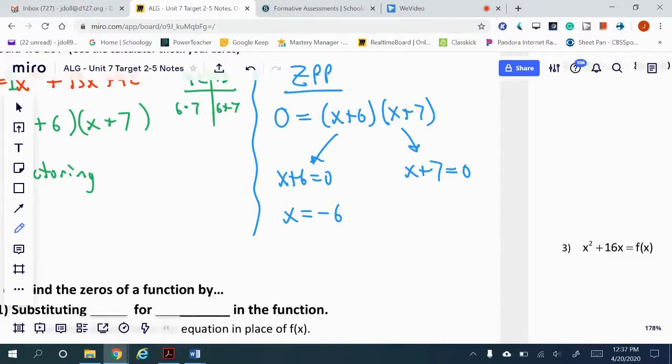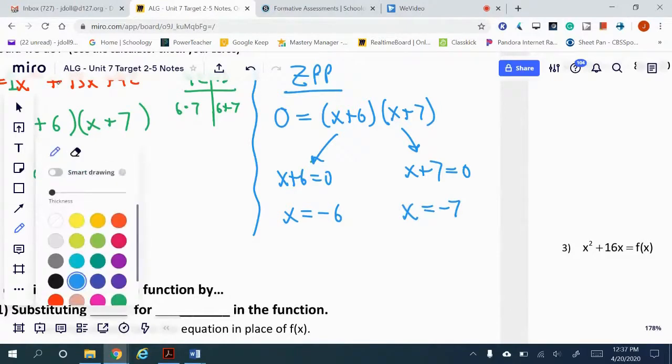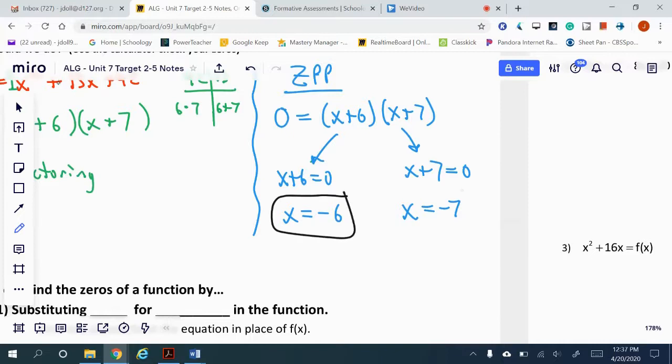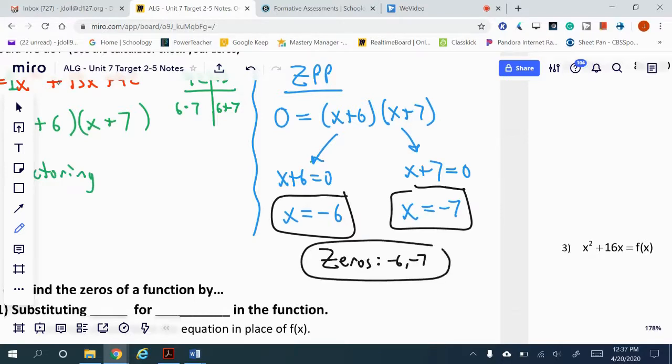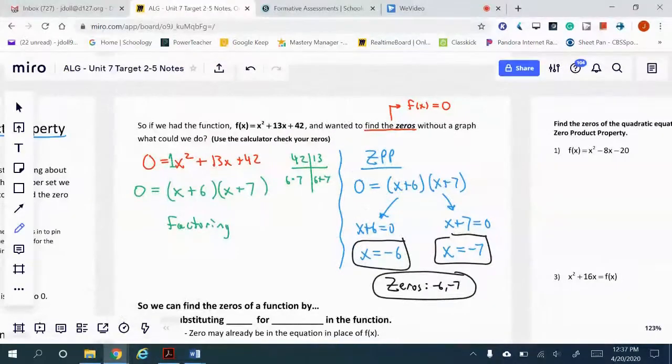So this gives me x equals negative 6 and x equals negative 7 as the solutions to this equation, which means the zeros here are negative 6 and negative 7. Those are the zeros of my original function that I started with. And that's it, guys. Factoring and then zero product property. They work together as a great tag team.